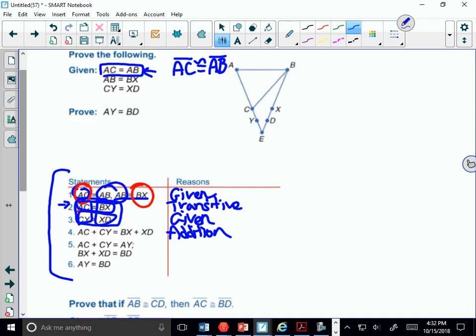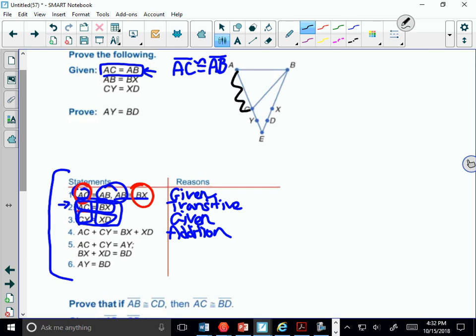The next thing that I've got is a new postulate that would be on one of those first couple pages. They're saying AC plus CY equals AY. So let me label that on my picture. This is AC.